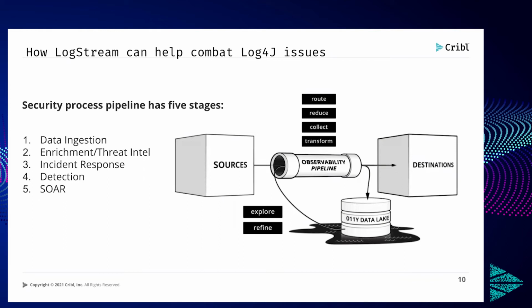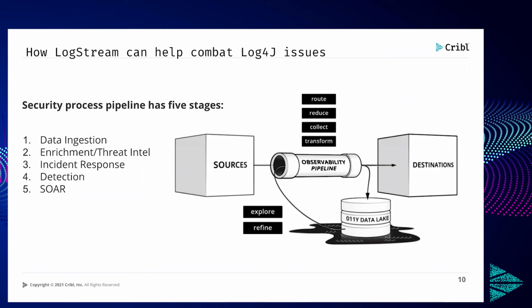Next is incident response. Incident response is key. LogStream doesn't replace your incident response, but it does supplement it because it gives you the ability to what's called replay, in order to take a forensic copy of data out of your object store, whether it's Azure, GCP, or AWS. Let's pretend you have an asset that's potentially been compromised.